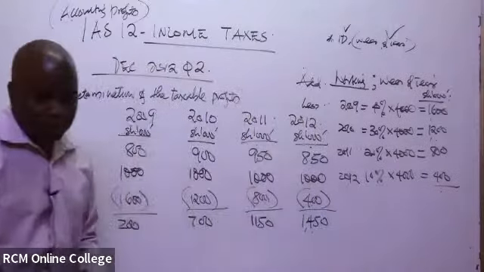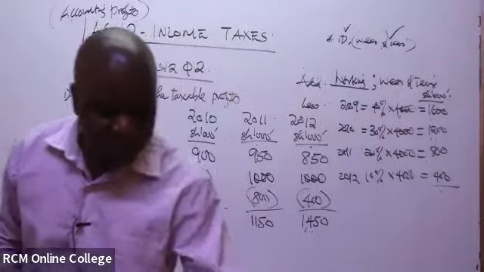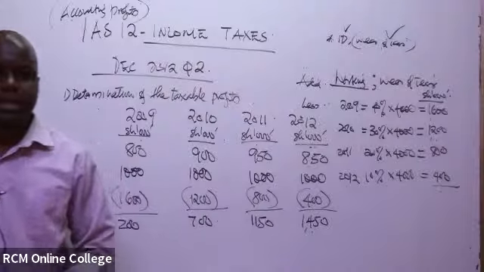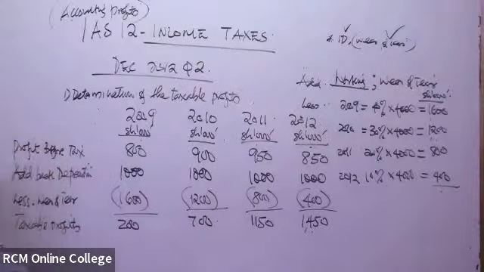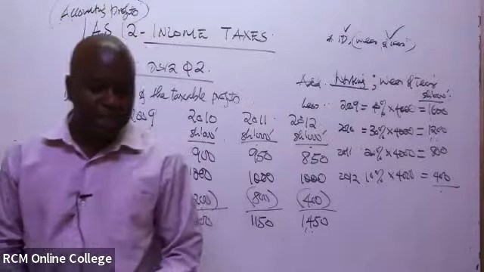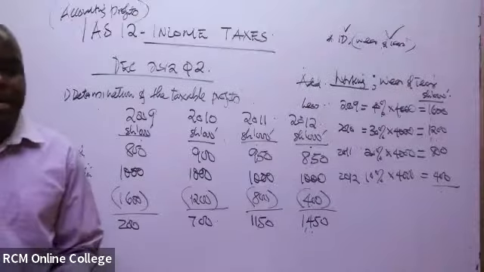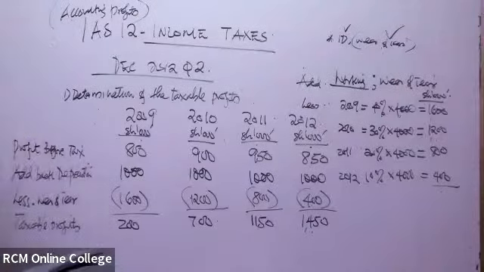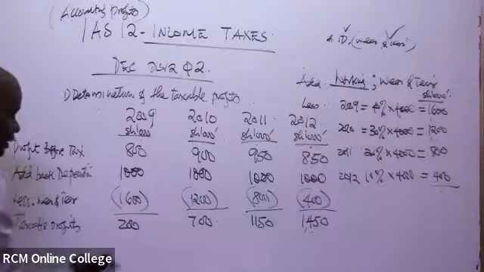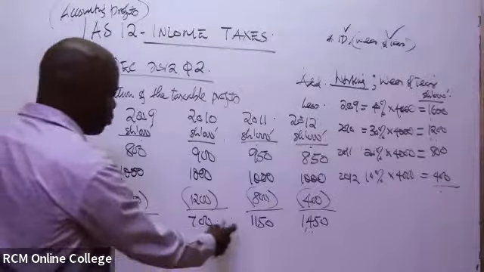If you look at the question, they are saying the corporate tax rate is 30%. They have not called upon us to determine the current tax, but in any case, the current tax would have been 30% of these taxable profits.